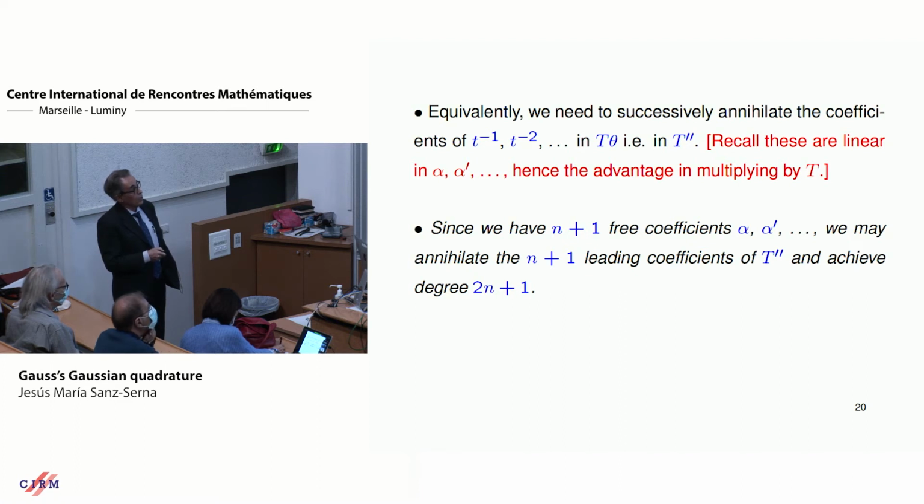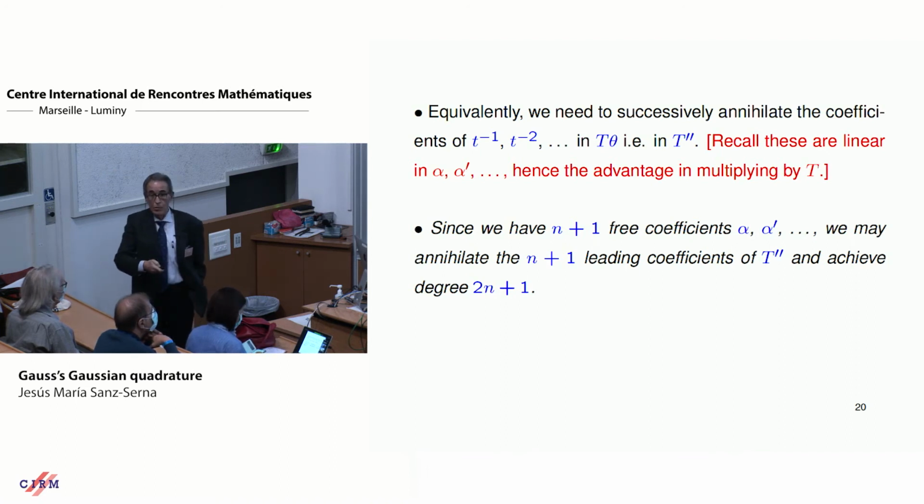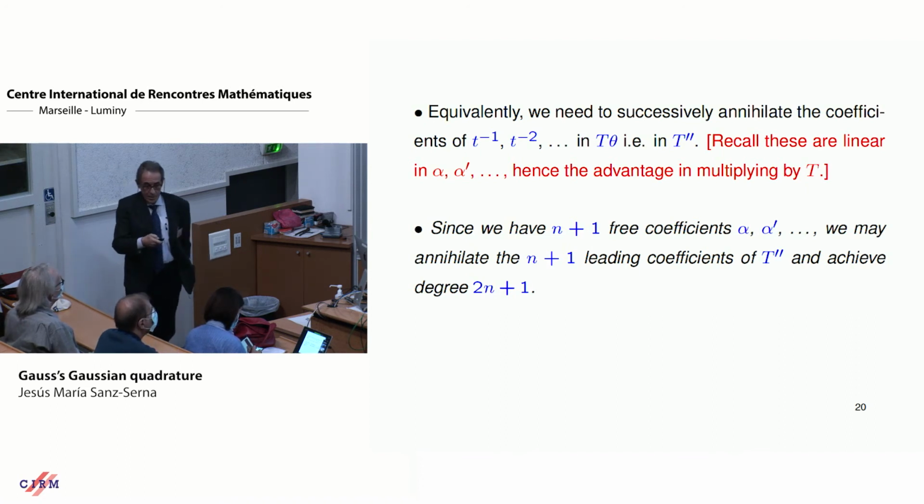So we can use those n+1 free coefficients to annihilate n+1 leading coefficients of t double prime, and then the maximum degree achievable is 2n+1. He doesn't analyze whether the problem has a unique solution, or the abscissa are in the interval, or the weights are positive. This is not for him.